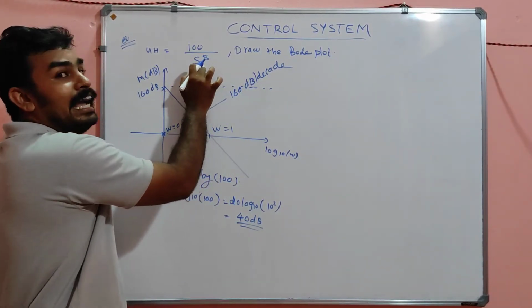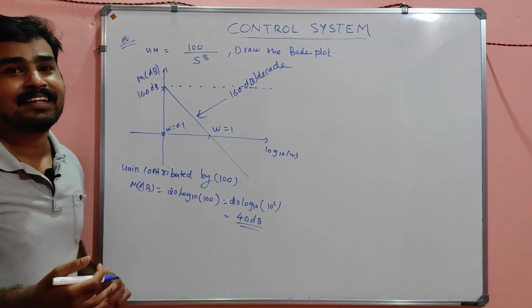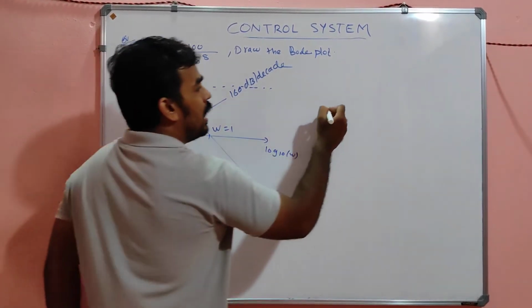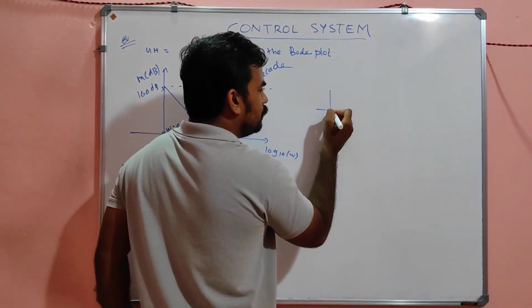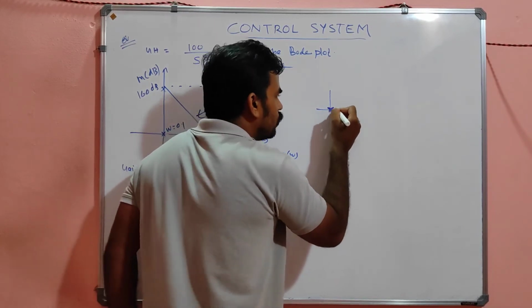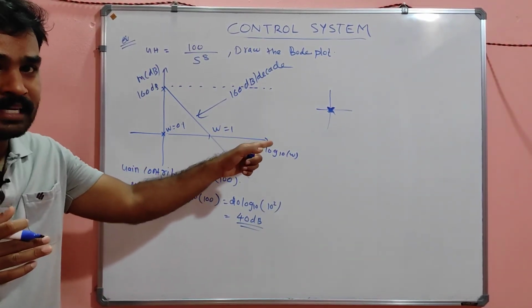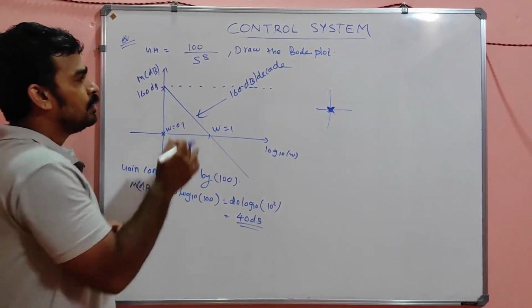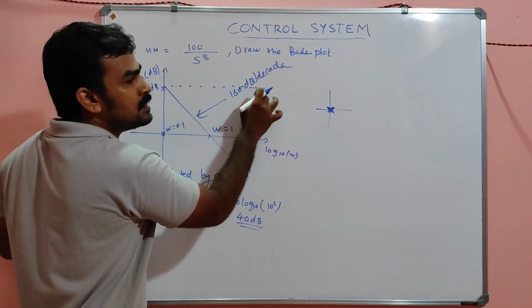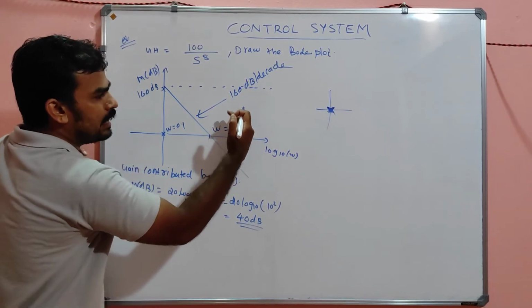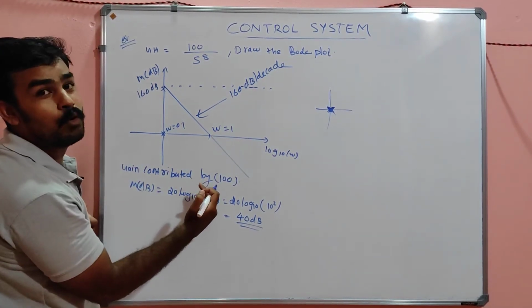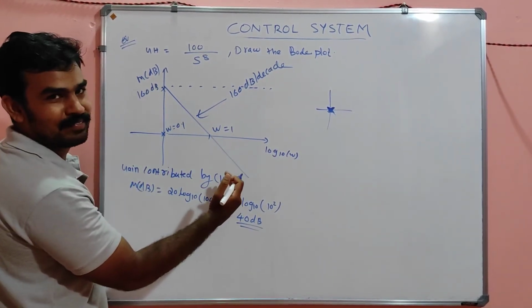When you add 8 poles at the origin, one, two, three, four, five, six, seven, eight, what happened then? The graph initially, this is slant, it deformed like this.